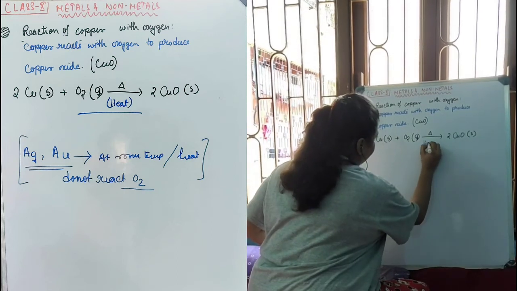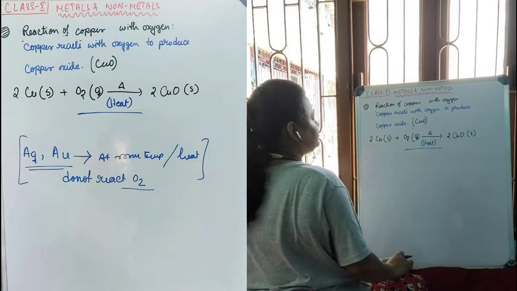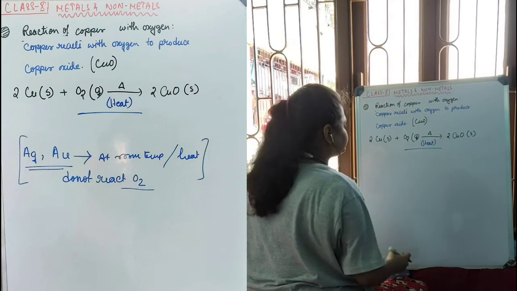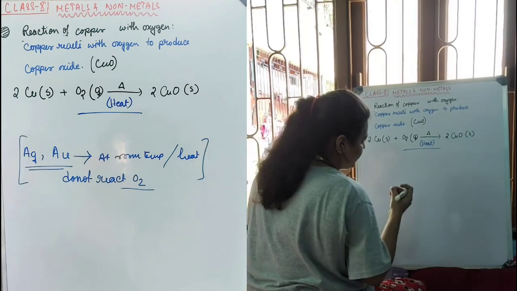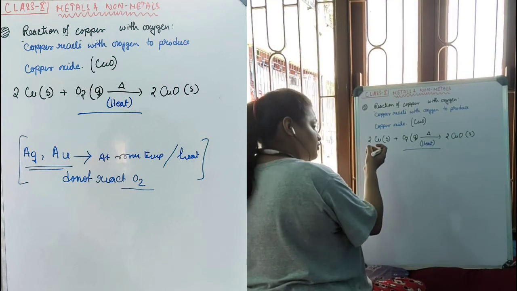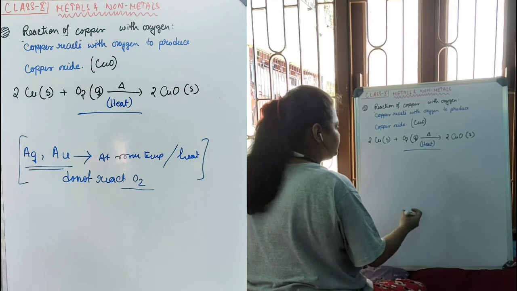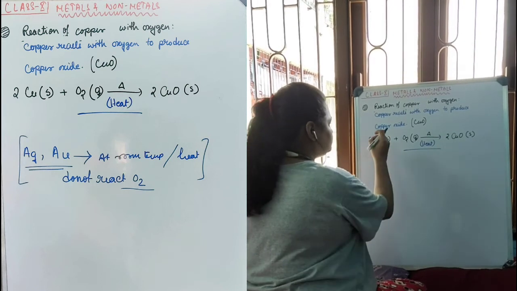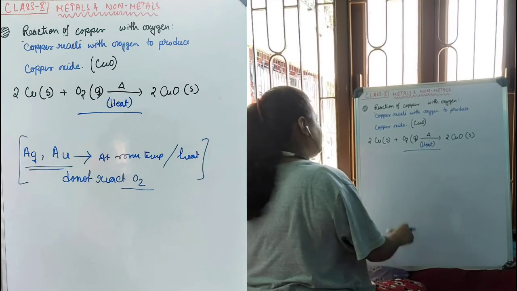Heat is required to do this reaction because copper does not easily react with oxygen. The reactivity of copper is not as high as that of potassium, sodium and lithium. That's why heat is required to do the reaction with oxygen to produce the oxide of copper.